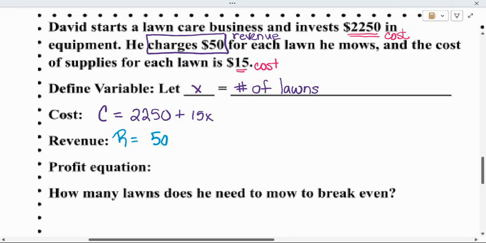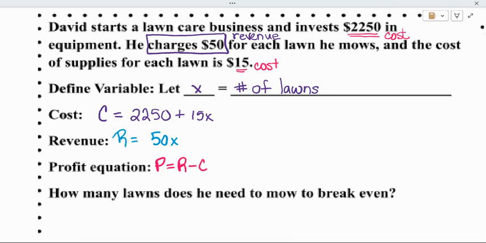Okay. So let's take a look at that front page again of our journal. What did we say our profit equation was going to be? P equals R minus C. Okay. So what do you think we're going to do to actually come up with an equation?